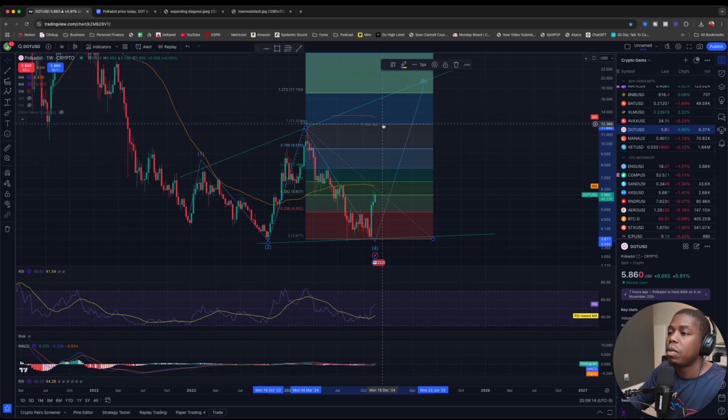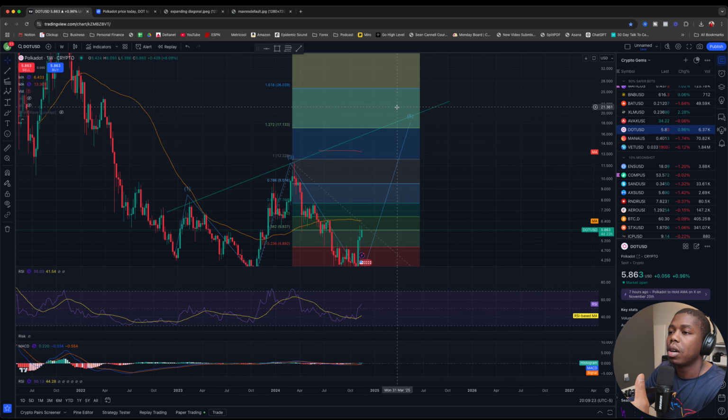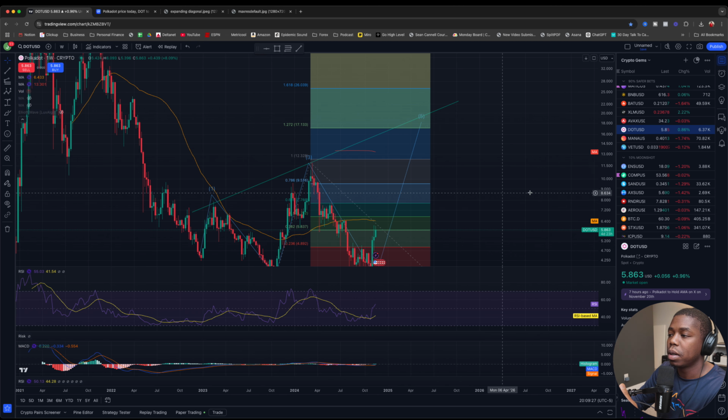So the 1 level would be wave 5 being exactly the same length as wave 3. Anything higher than that would be longer than wave 3, and anything lower than that would be shorter than wave 3.